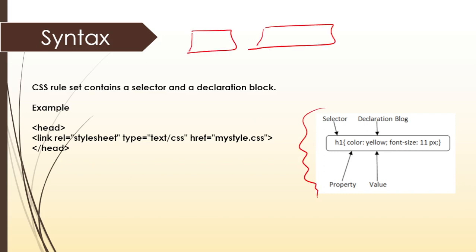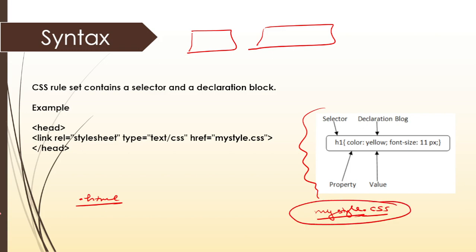This is the code that we write on the .css file, and this is the code that we write on the .html file. Suppose the name of this particular file is mystyle.css; you can write any name here. This is my CSS file, and suppose first.html is my HTML file.